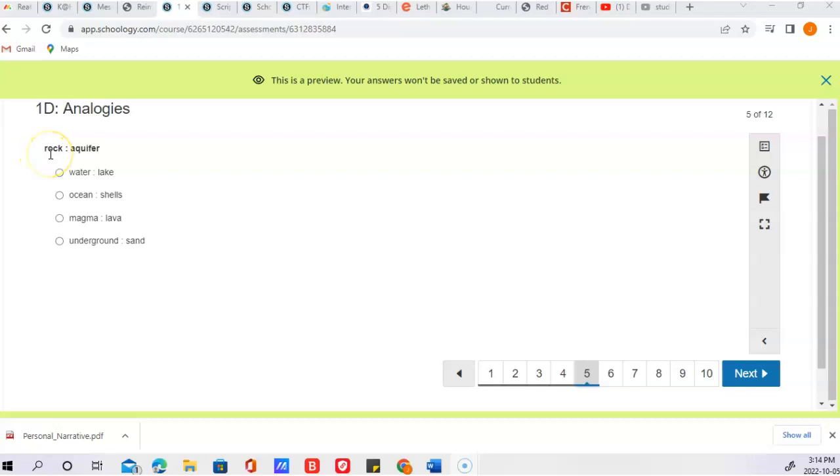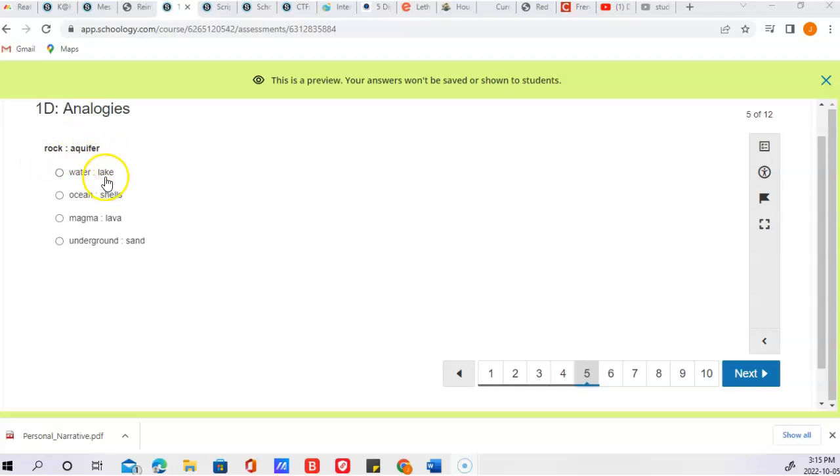So we could say a rock could be, sorry, I even have trouble figuring out this one. So for this one, I'm actually going to turn it around and use the second word first and say an aquifer can be made from rock.